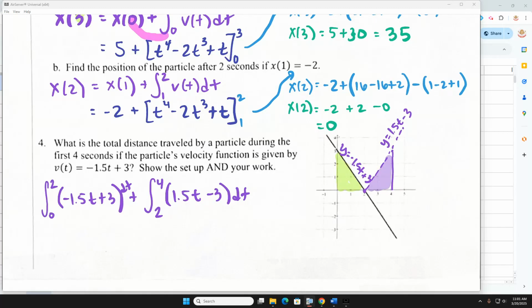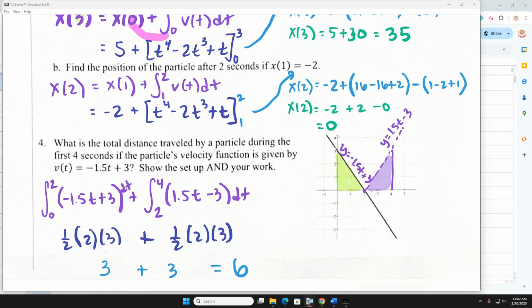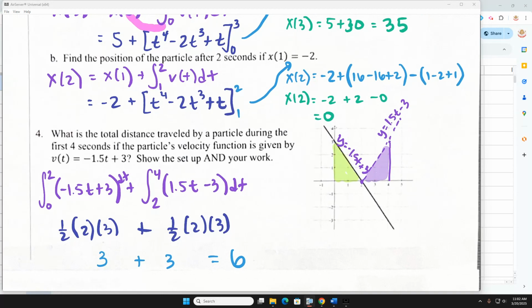Okay, and so to show my work, I'm going to do 1/2 base times height. Oh, wait, hold on. All right, so it's going to be 6. All right, any questions? Okay, one more to go.